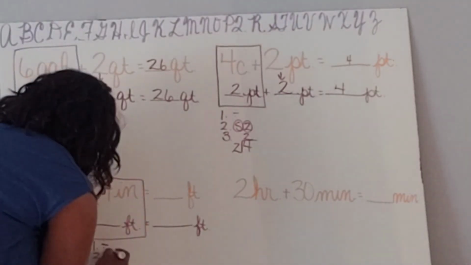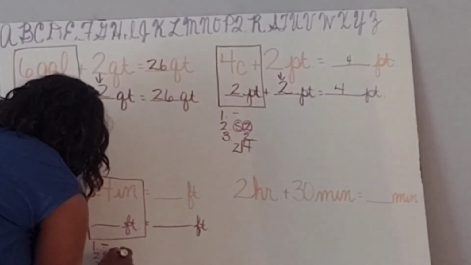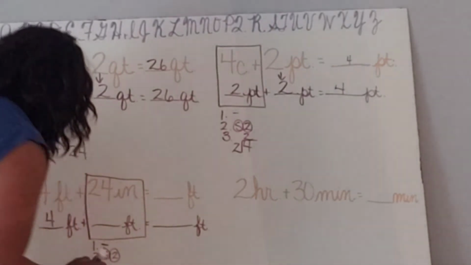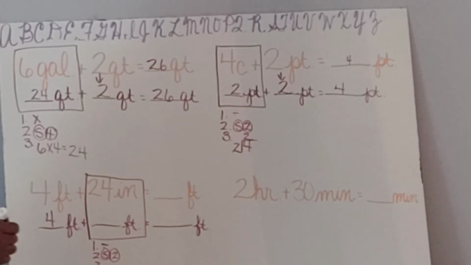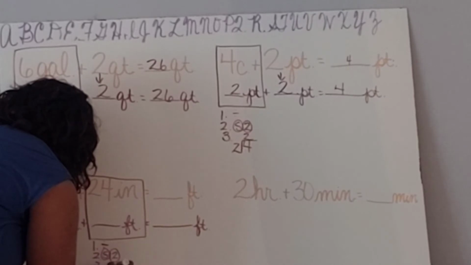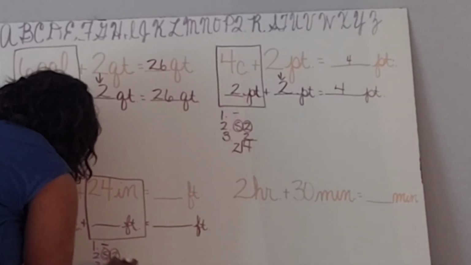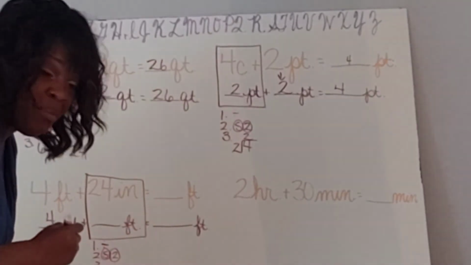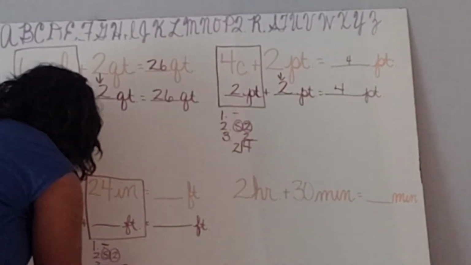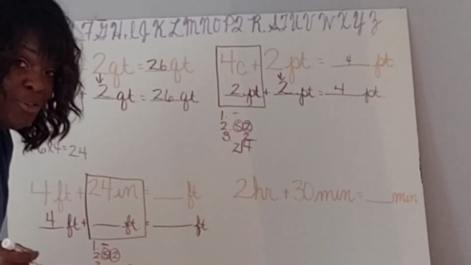Yes, this is why we need to know our measures, so we don't have to wonder and guess. 12 inches in 1 foot. Then I take the larger of the 2 numbers. 24 is the larger. Do what number 1 says, which is divide by the smaller of my 2 numbers, which is 12. Oh yeah, we learned our 12 division yesterday.